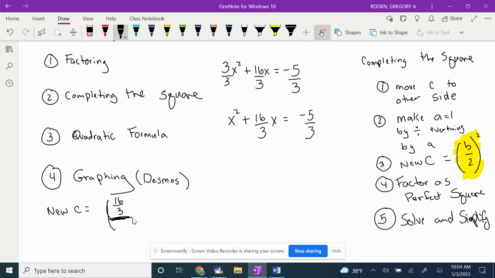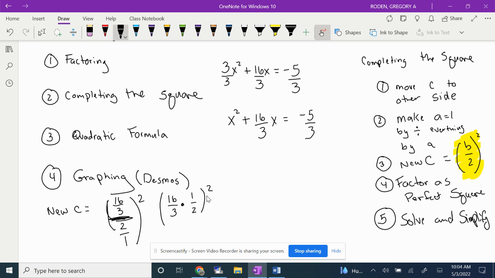When I say divide it by 2, I'm going to put 2 over 1 because that's a fraction. And we're going to square the answer. Does everyone understand that? So we're taking 16 over 3, dividing it by 2 over 1, and squaring the answer. Now, this is a complex fraction, but it's very easy. It's copy, dot, flip. That's how you do it. So this is going to be copy the top, dot, flip the bottom, which is 1/2.